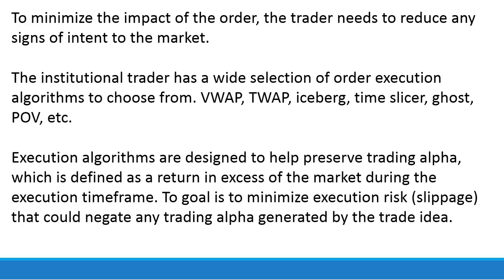Execution algorithms are designed to preserve trading alpha. What's trading alpha? It's defined as return in excess of the market during the execution time frame. The goal is to minimize execution risk, slippage, that could negate the trading alpha generated by the trade idea.